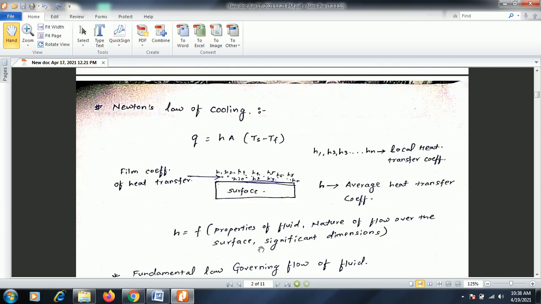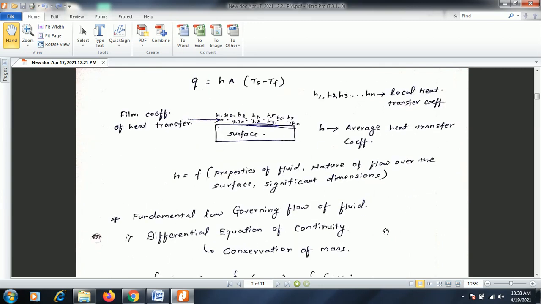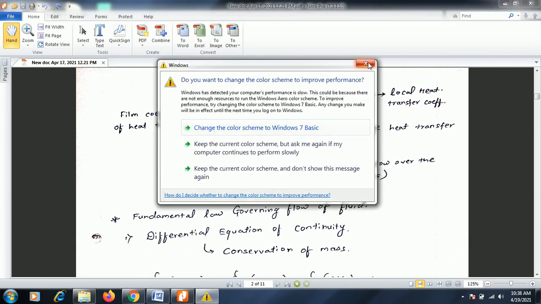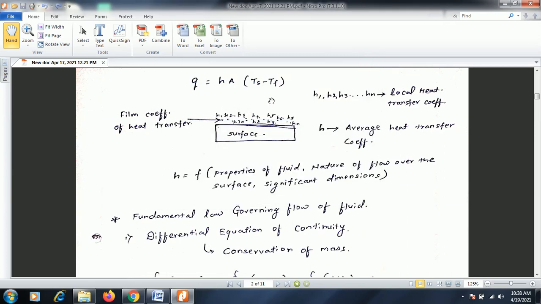As h is a function of the property of the fluid, the nature of the fluid flow over the surface, and the significant dimension, h is going to vary at different points over the surface. Therefore h1, h2, h3 are named local heat transfer coefficients, while in Q equal to hA (Ts minus Tf) you have the average heat transfer coefficient.